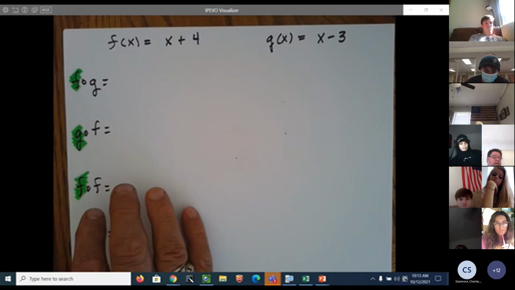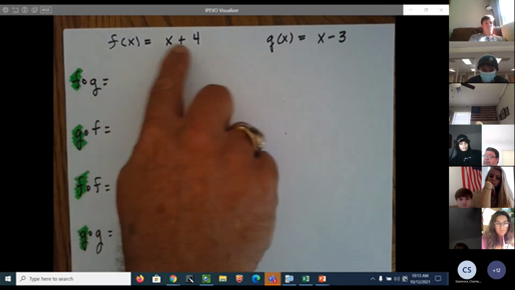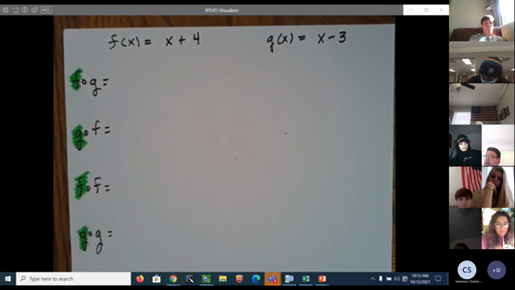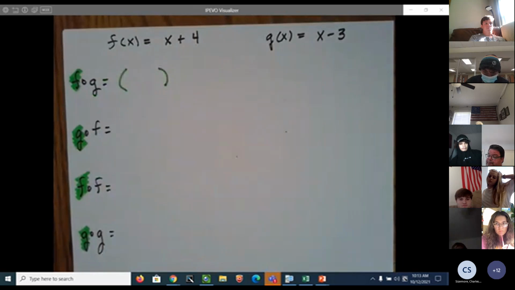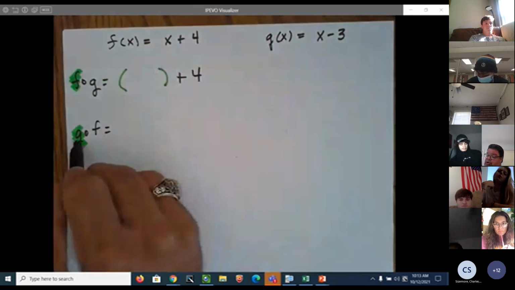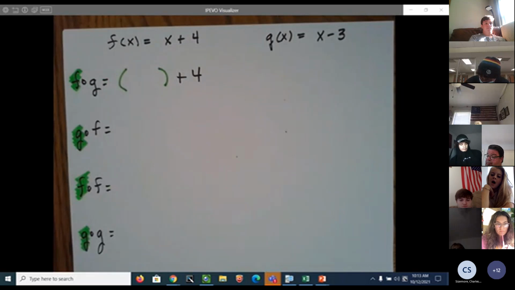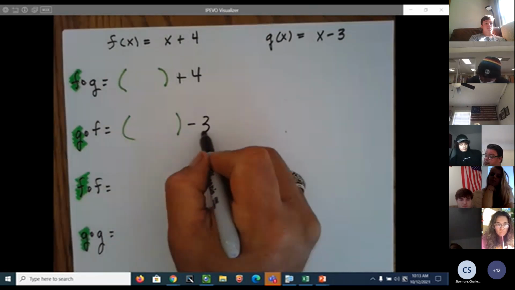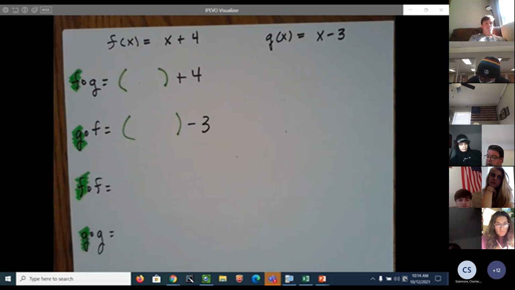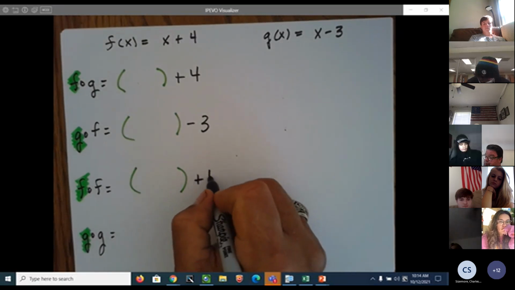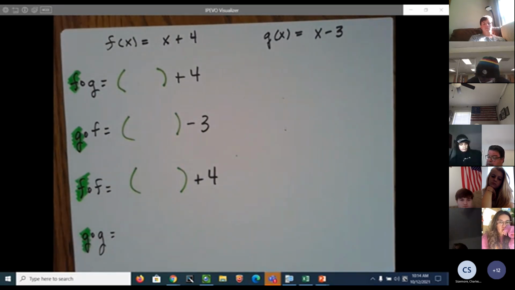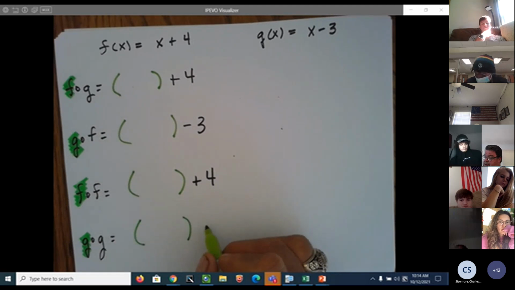So I'm going to rewrite f with a big set of parentheses plus 4. g, big set of parentheses minus 3. f, big set of parentheses plus 4. And g, big set of parentheses minus 3.